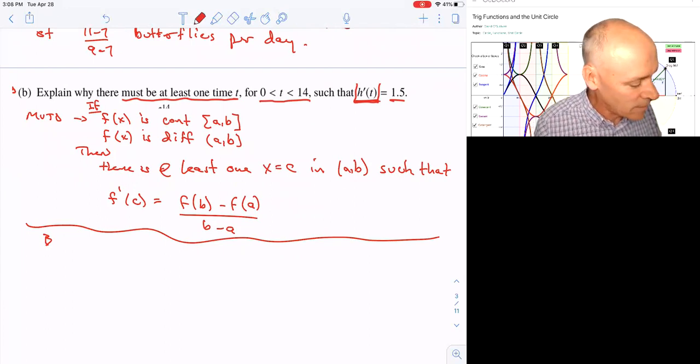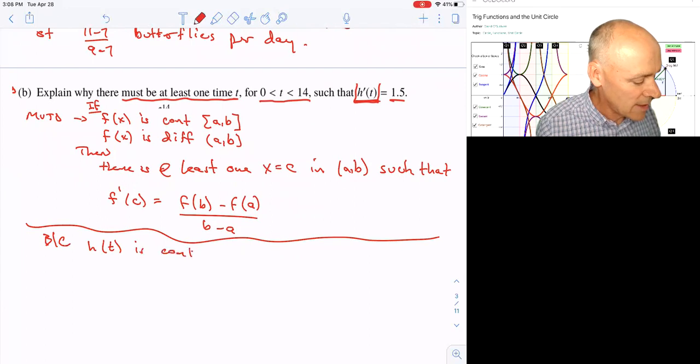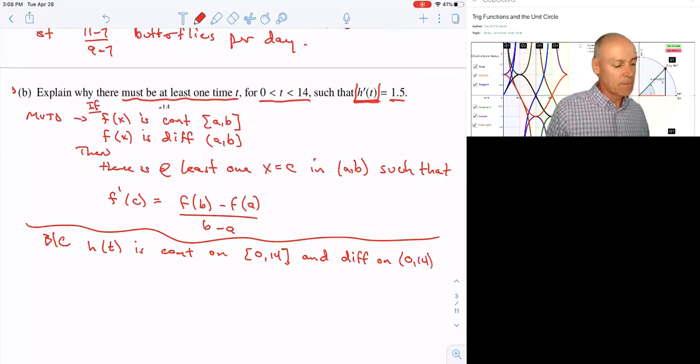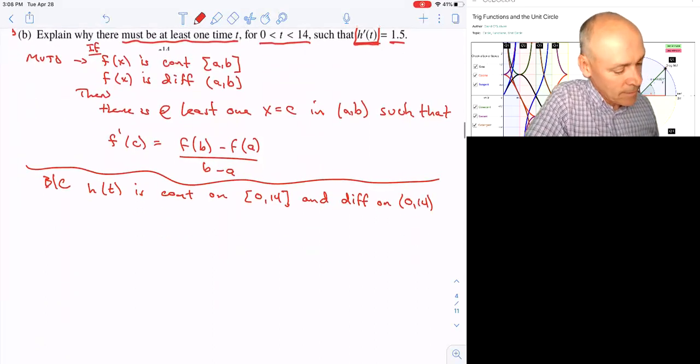So I'm going to say, because h of t is continuous on my interval from 0 to 14 and differentiable on the open interval, same 0 to 14, but this time open, then I've met my two conditions.